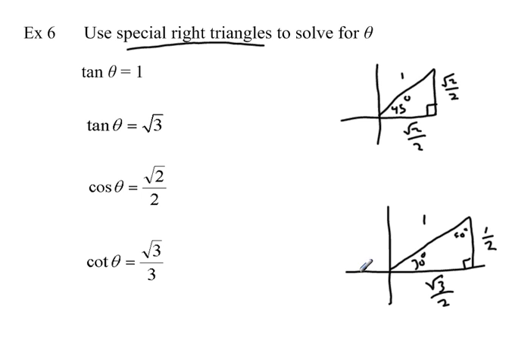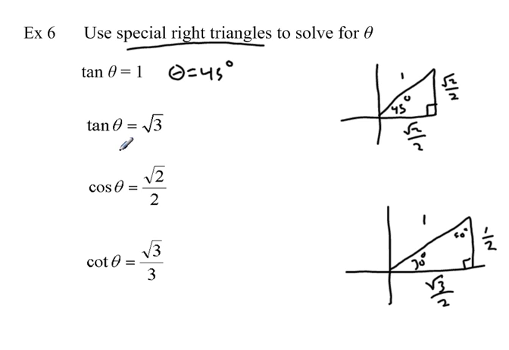All right, so these problems are a little different from what we've seen before. If you look at the first one, it says the tangent of theta equals 1. So that's like saying find the angle whose tangent equals 1. Well, if we're looking for an angle whose opposite over adjacent equals 1, that means opposite and adjacent must be the same. That means theta must be equal to 45 degrees.